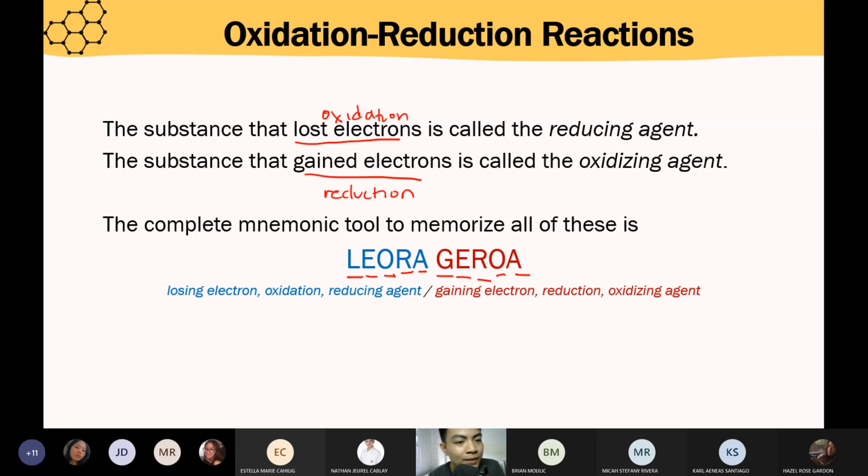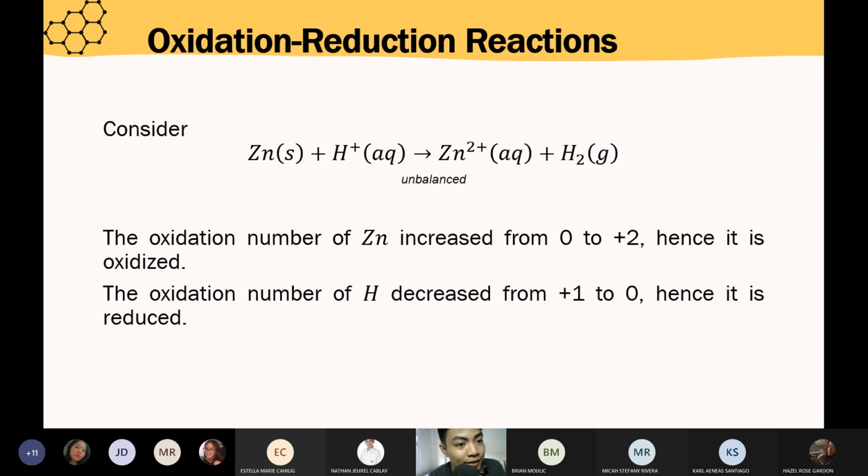Okay? So, with that, let's look at this equation here. This is an unbalanced equation. Which of them underwent oxidation reaction? Which of them underwent reduction reaction? Madali lang to. As you can see, zinc, what's the oxidation number of zinc?